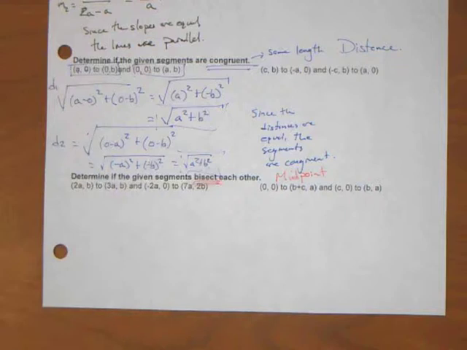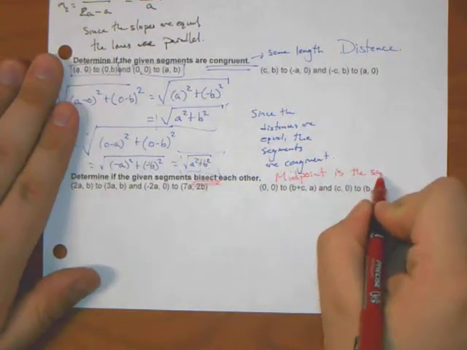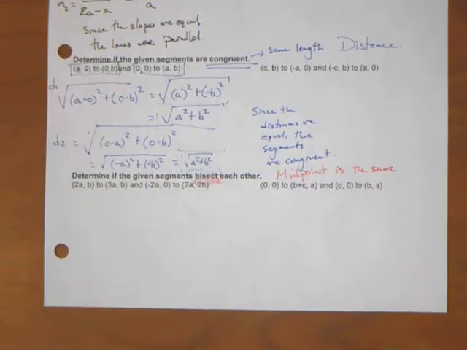If they bisect each other, that means they cut each other at the middle. So that means they should each have the same midpoint. I'm looking to see that their midpoints are the same. So I find the midpoint of each and decide, are they equal or not? Are they the same thing or not?